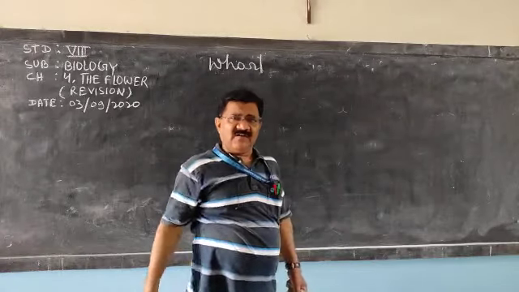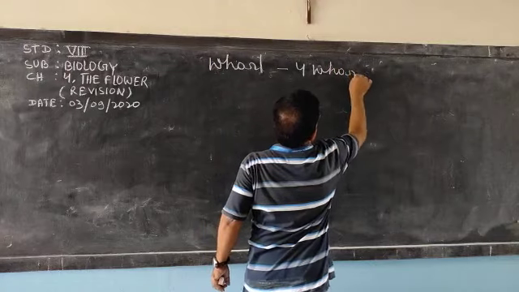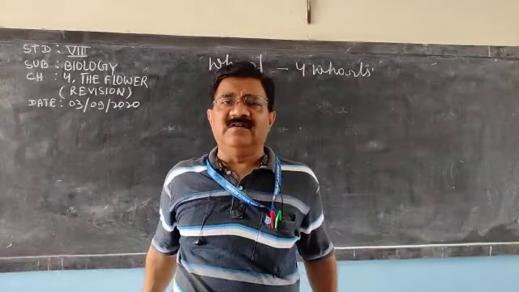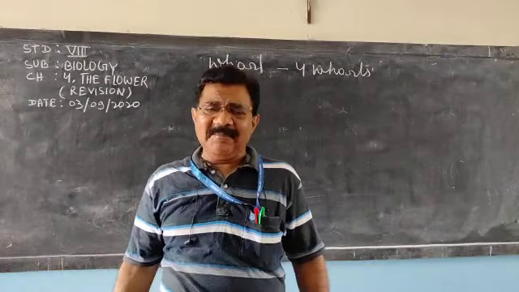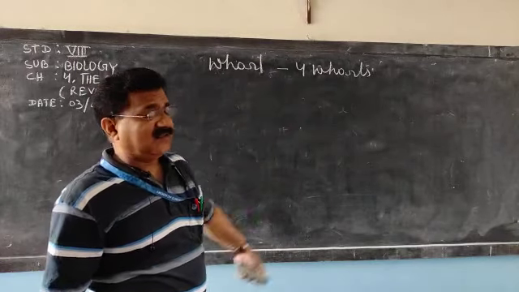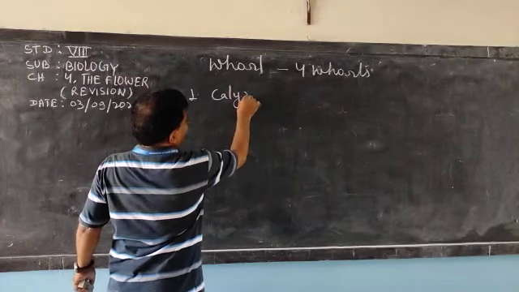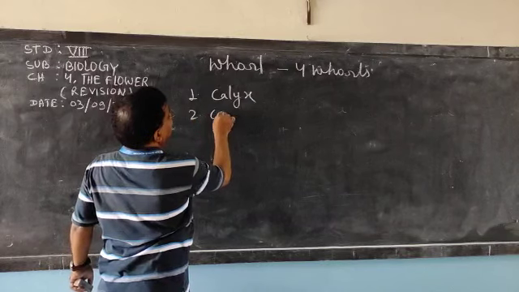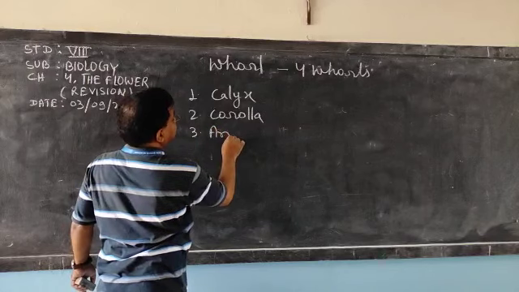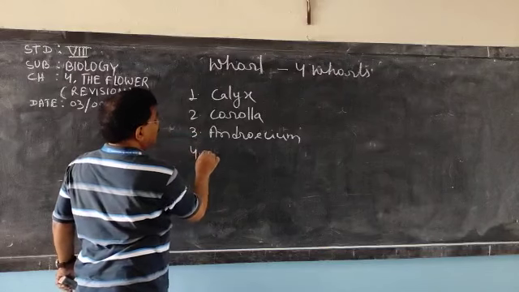In a complete flower, all the four whorls are present. And in an incomplete flower, one or two whorls may be absent. So what are these four whorls? First is calyx, second is corolla, third is androecium, and fourth one is gynoecium.